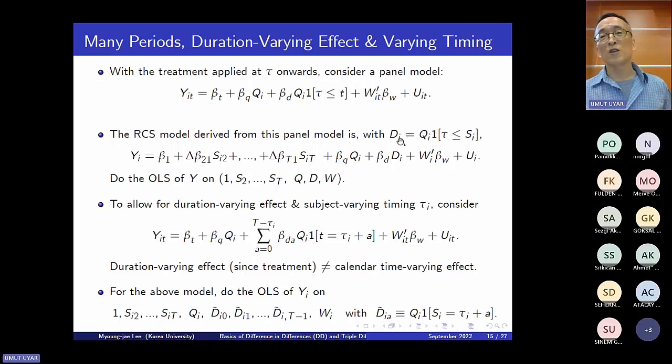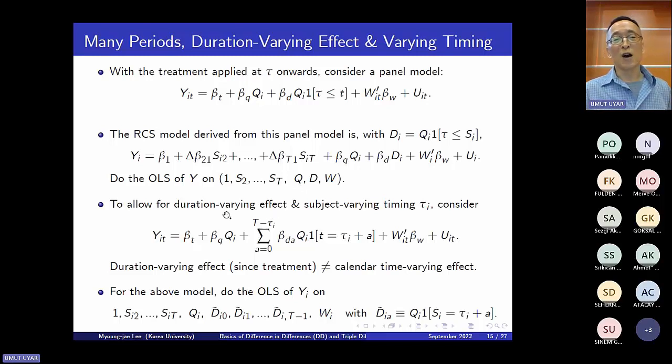So your treatment dummy is equal to the qualification dummy times whether you are sampled after tau or before tau. If you are sampled after, you are actually treated with Q being 1. If you are sampled before tau, then regardless of Q, you will be untreated. So that's why treatment is defined this way. By doing OLS of Y on the sampling dummies, Q, and W, you can estimate the DD treatment effect as the slope of this D variable.